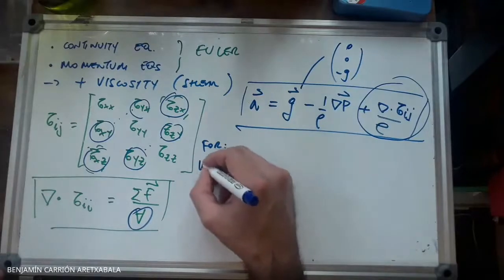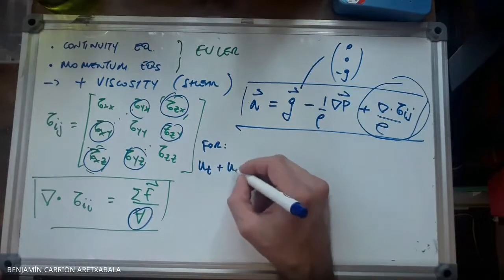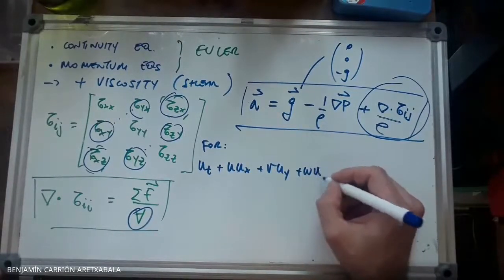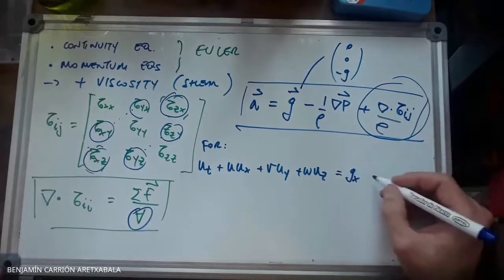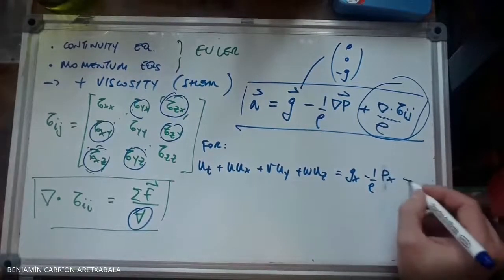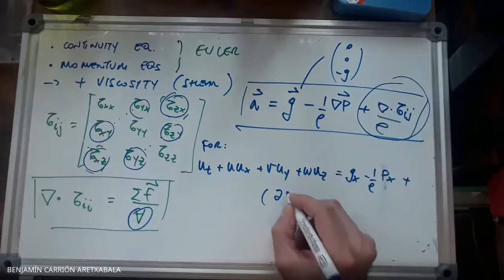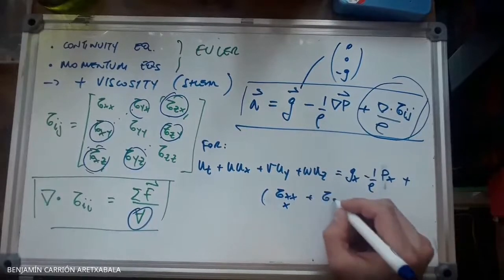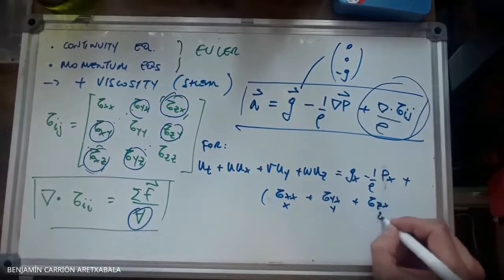So for x, we said before this would be u_t, the derivative of u with respect to time, plus u u_x plus v u_y plus w u_z, equal to g on x, which is normally 0, minus 1 over rho p_x, plus this new thing that we're adding now, which is going to be, yeah, here it doesn't work that nice, the derivative of tau xx in x, plus tau yx in y, plus tau zx in z.